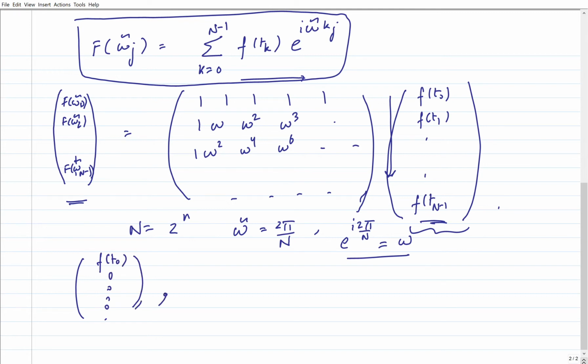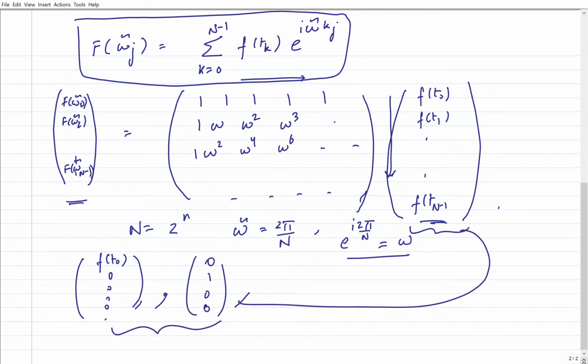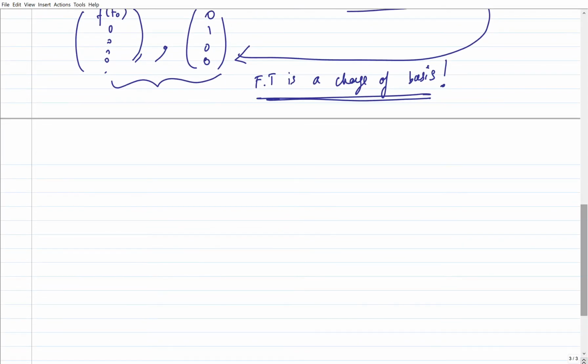So that's one basis, 0, 1, 0, 0. So these would be all the column vectors over here. And how this basis transforms into another basis, that's going to tell you what the Fourier transform is, a change of basis. It is seeing the same signal or the same vector using two different bases, either in the time basis or the frequency basis. That is essentially the Fourier transform. So that's very essential for us, and that's very important.